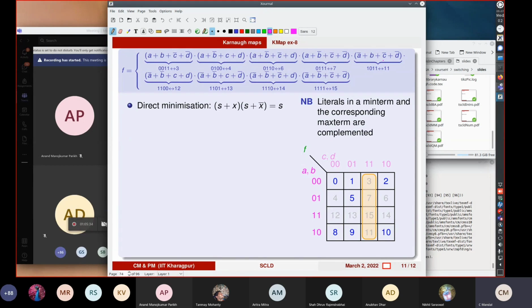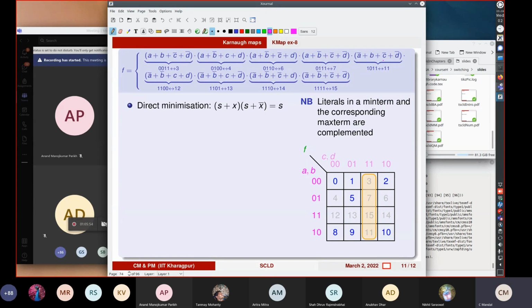Now note that there is a certain convention which is used. If you look at the first max term, A or B or C bar or D bar, that is coded as 0011.